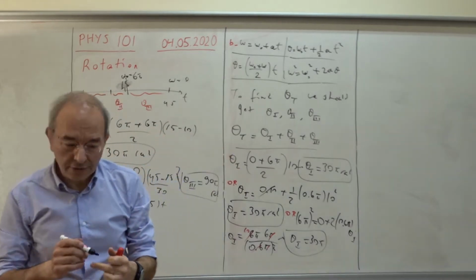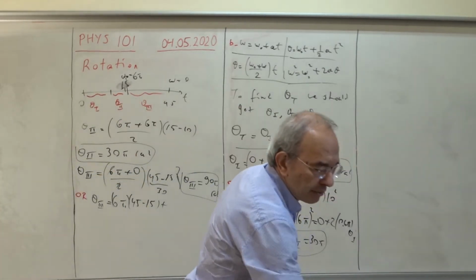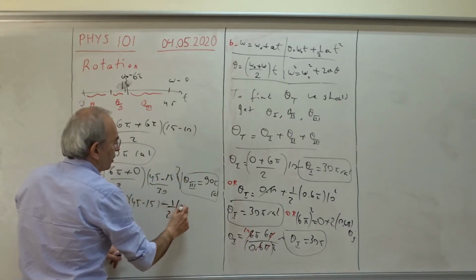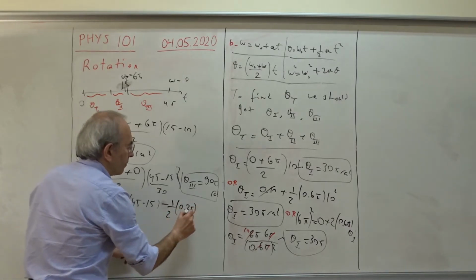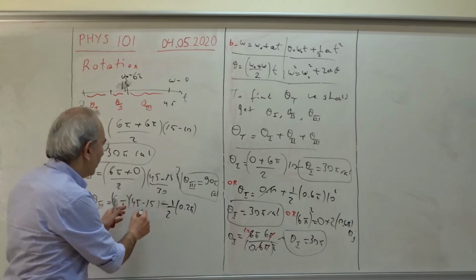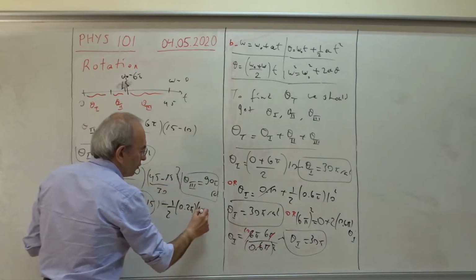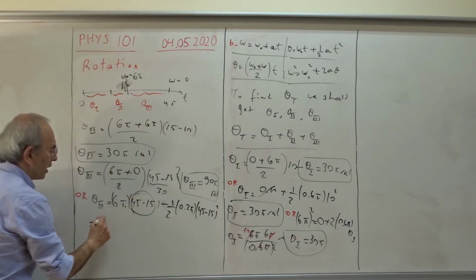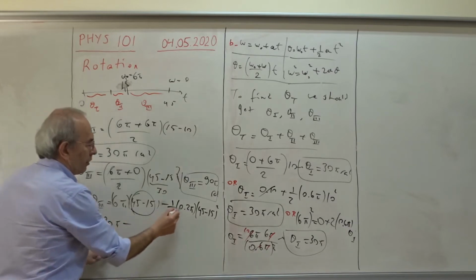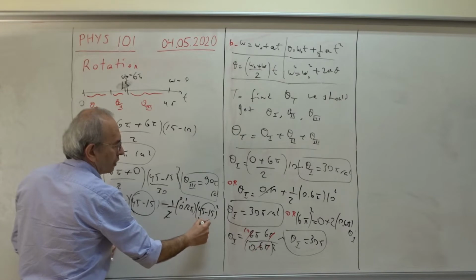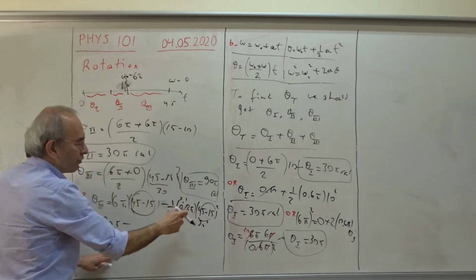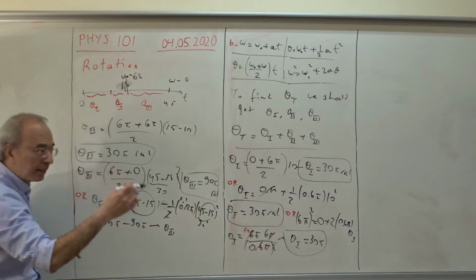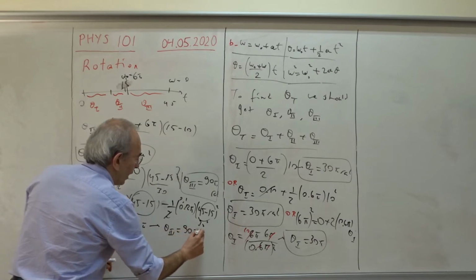But alpha is a negative value, as we remember, minus 0.2 pi. So we have a subtraction here: 1/2 of 0.2 pi for alpha, times t squared, which is 45 minus 15 squared. So this will give us 30 times 6, which is 180 pi, minus 0.1 pi times 30 squared, 900. 1/10 of that is 90 pi. So the result is 180 minus 90, again 90. This is also 90 pi radians.